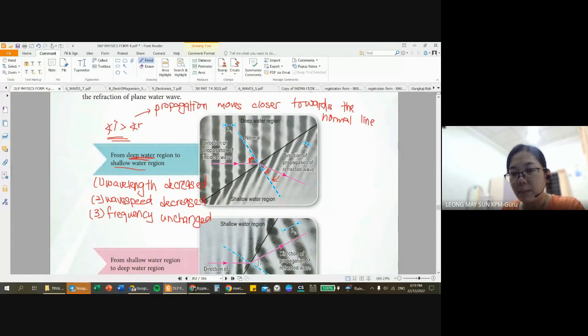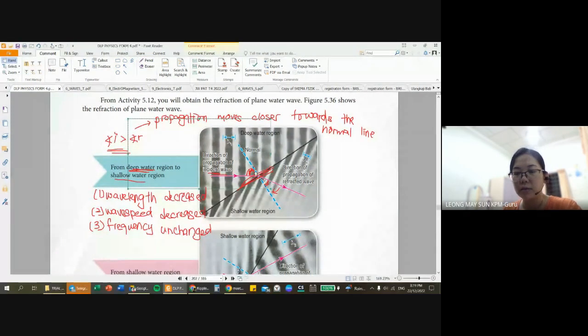This normal line is 90 degrees to the surface, 90 degrees to the boundary. The angle between the propagation of the incident wave and the normal line is known as the incident angle.